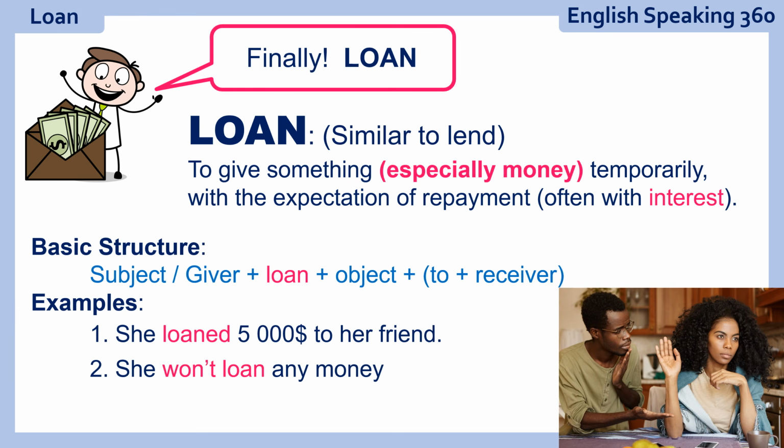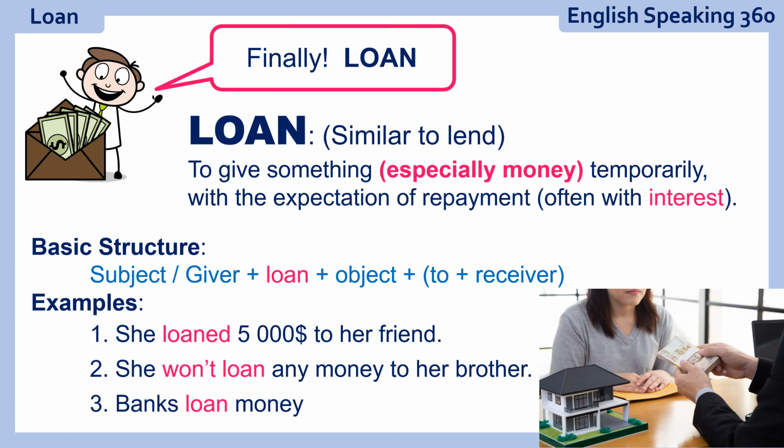Or she won't loan any money to her brother. Example 3. Banks loan money. True. Or banks loan money to home buyers. So people who want to buy homes, they are the receivers of the money, and the banks are the givers of the money. They are the lenders.